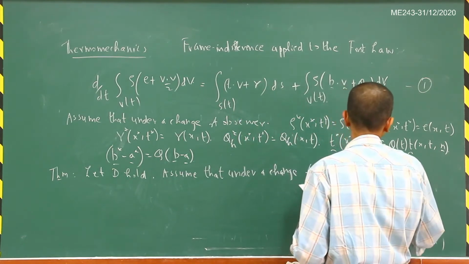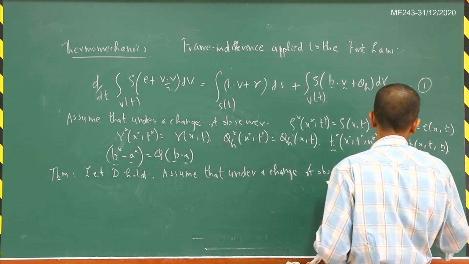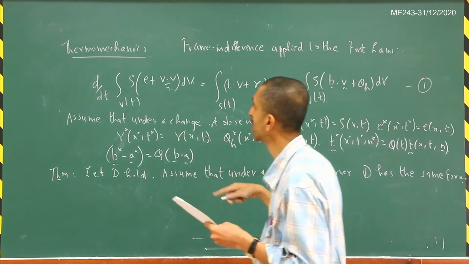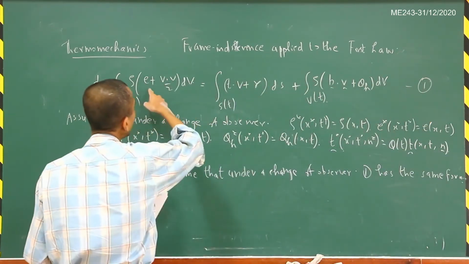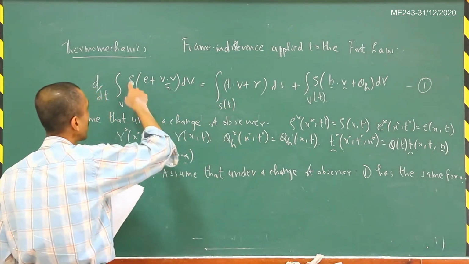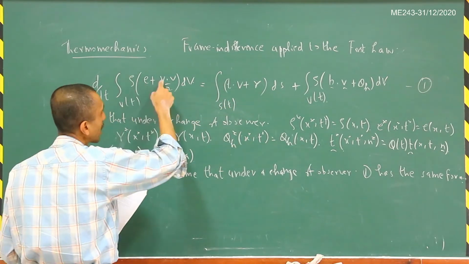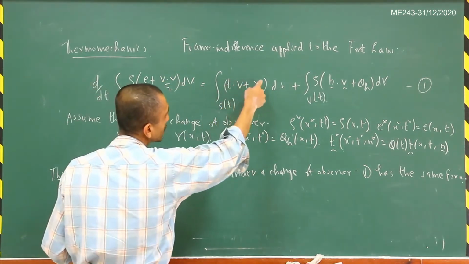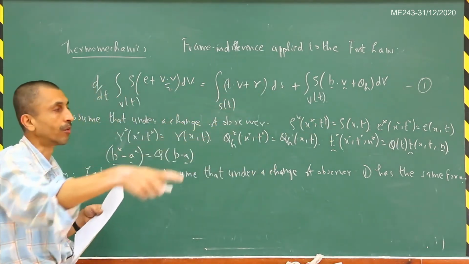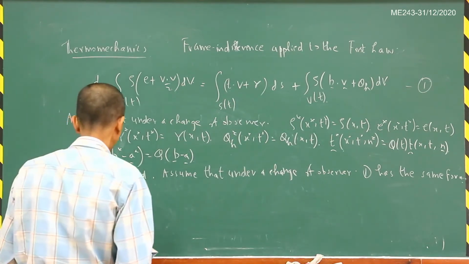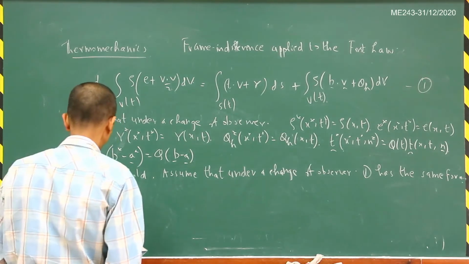So what we mean by the same form is that you simply replace these unstarred quantities with the star quantity. So you will get rho star times e star plus v star dot v star by 2, t star dot v star and so on. So it will have the same form in all frames of reference.